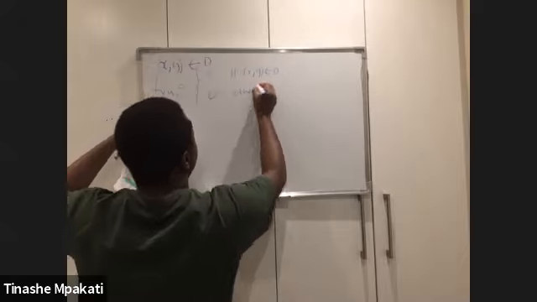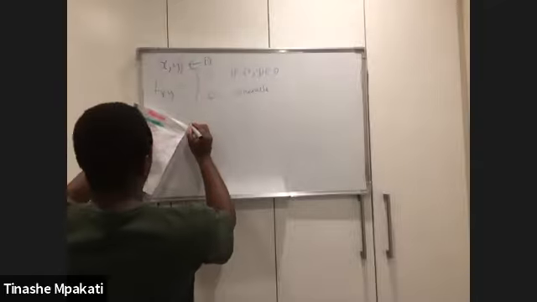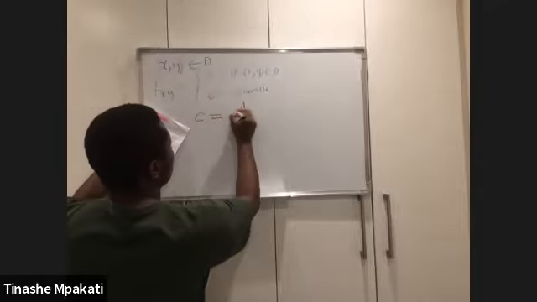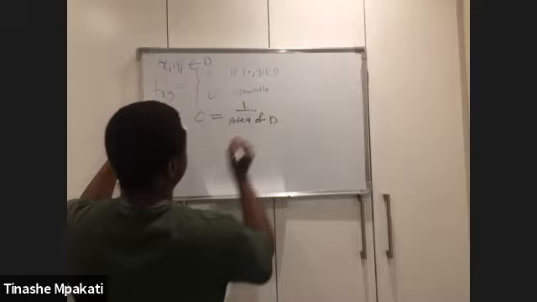And I'm going to define this C. Your PDF will be equal to C if your X and Y are an element of that region, where this C is simply equal to 1 over the area of D, right?